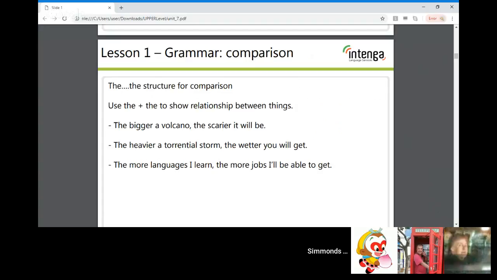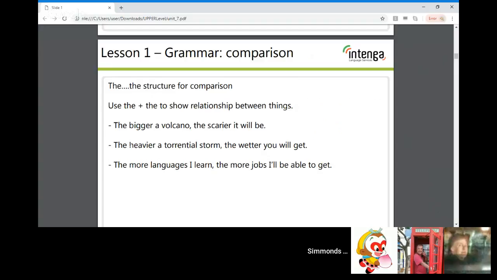I mean, we are comparing two things, but not exactly as this volcano is bigger than that volcano, for example. We're using two different adjectives here, okay? And as it says, it's showing the relationship. So a small volcano, not very scary. A huge volcano, very scary. Okay. So again, of course, we can use different words.